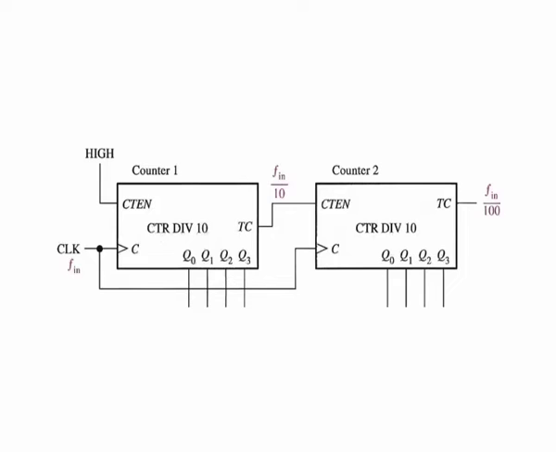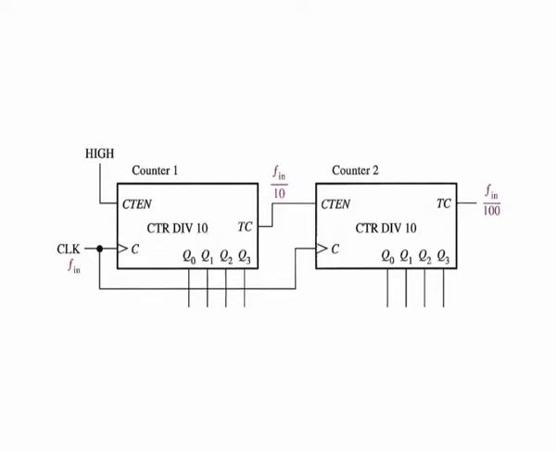Upon completion of the entire second cycle of counter 1, that is, when counter 1 reaches terminal count the second time, counter 2 is again enabled and advances to its next state. This sequence continues. Since these are decade counters, counter 1 must go through 10 complete cycles before counter 2 completes its first cycle.